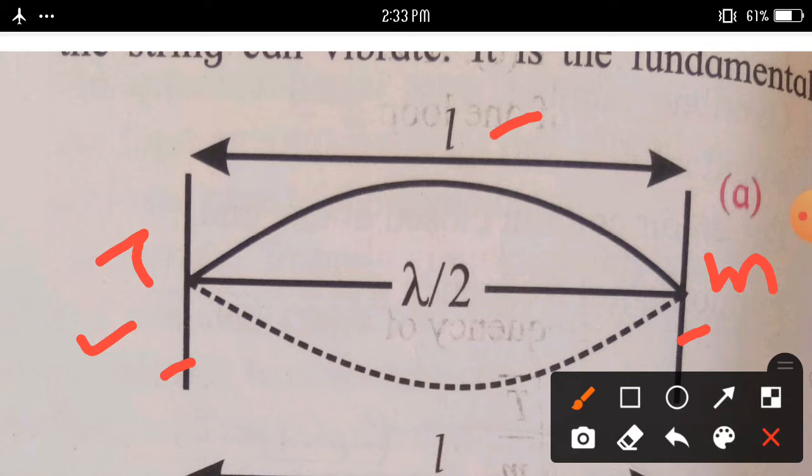If it is made to vibrate by plucking or by using a vibrator like a tuning fork, a transverse wave can be produced along this string.